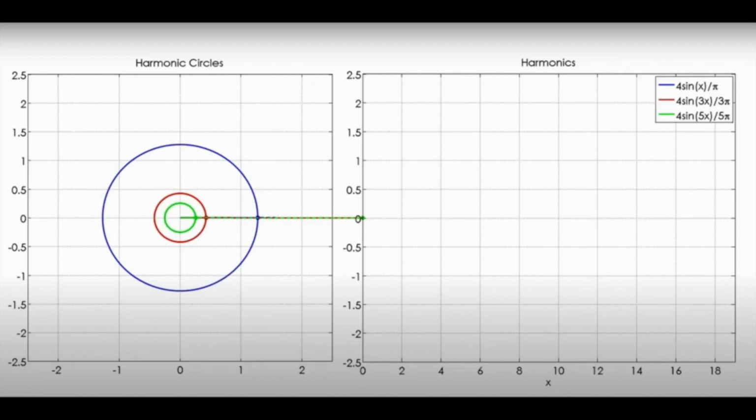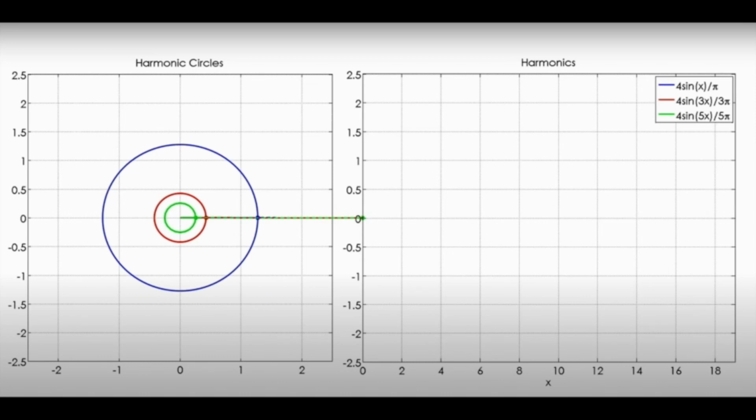Okay, here you can see two plots, one on the left side and one on the right side. On the left side, you can see three different circles. These three different circles correspond to the path of three different moving points. On the right side, correspondingly, we are going to plot the y component at any instant.